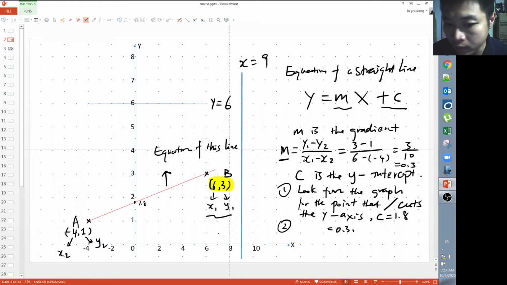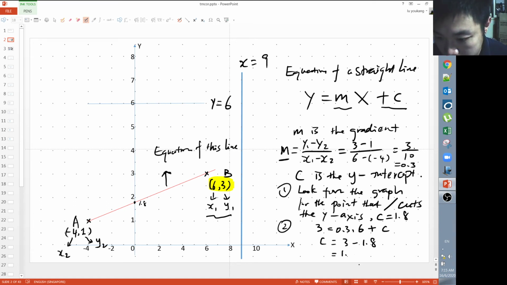So my x is 6, plus C. What is my y? The y is 3. So with this, you can see your C is equal to 3 minus 1.8. Then you will get 0.2.